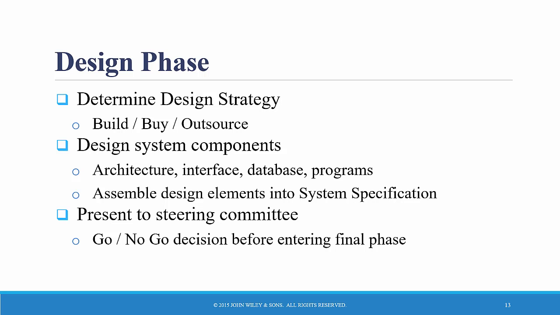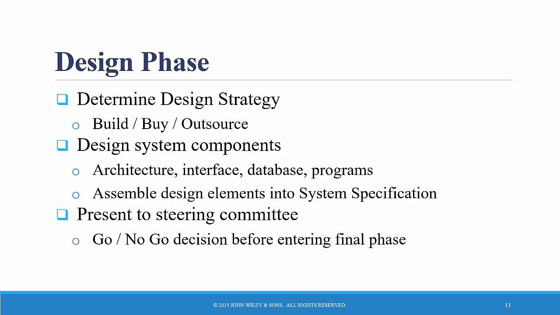Those are 3 basic choices: build it in-house, outsource it to another company, or buy something off the shelf, which is the design strategy. The second step is the development of a basic architecture design for the system that describes the hardware, software, and network infrastructure that will be used.